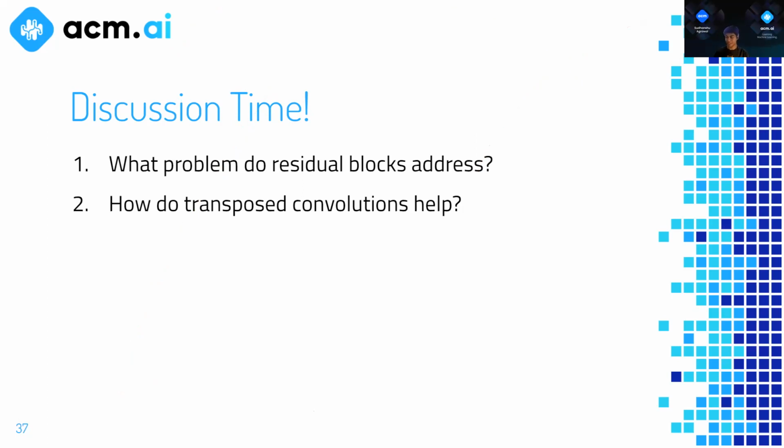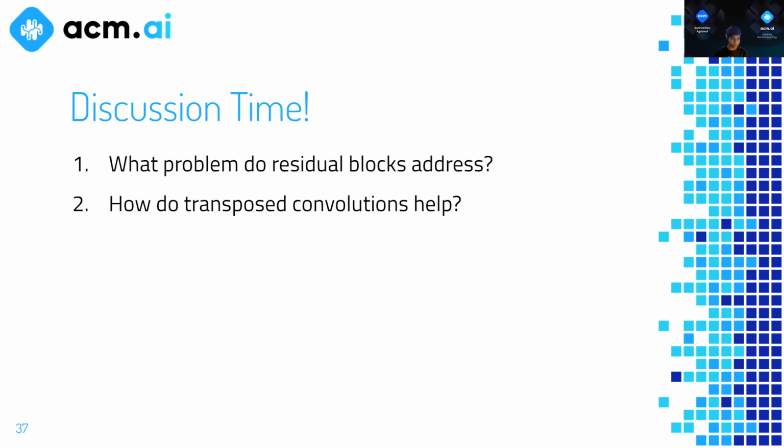Okay, getting some answers. Yeah, we have the answer in the chat: they solve the vanishing gradient problem. And that's absolutely right. They essentially short circuit some connections to ensure that the layers affected by the vanishing gradient problem don't mess up the network.